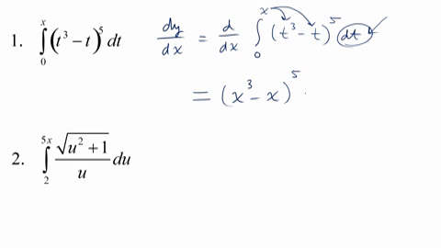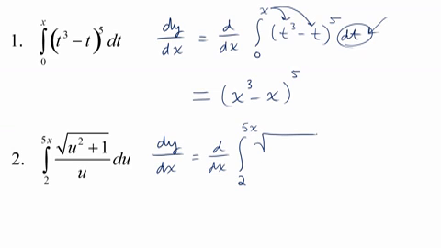Let's try that again with the second problem. We would have dy/dx equals d/dx of the definite integral from 2 to 5x of the square root of u squared plus 1 over u du. Now we'll make that same substitution.